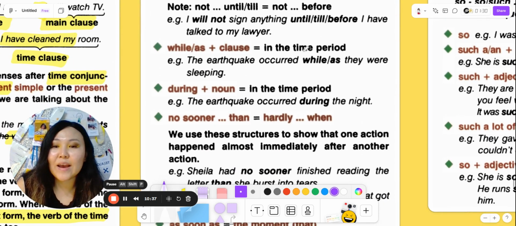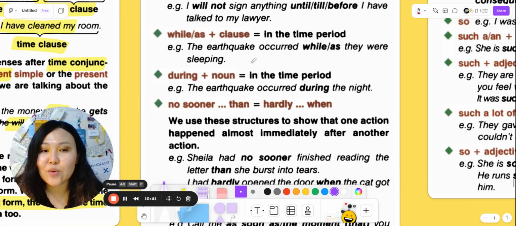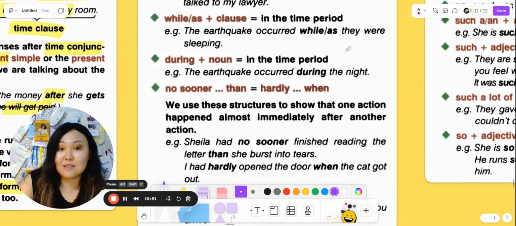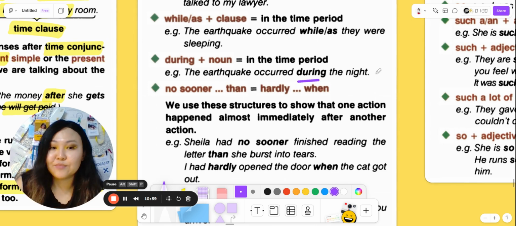Next one, while, as plus clause, in the time period. The earthquake occurred while they were sleeping, or the earthquake occurred as they were sleeping, so at the moment, in this time period. Next one, during plus noun, in the time period. The earthquake occurred during the night.